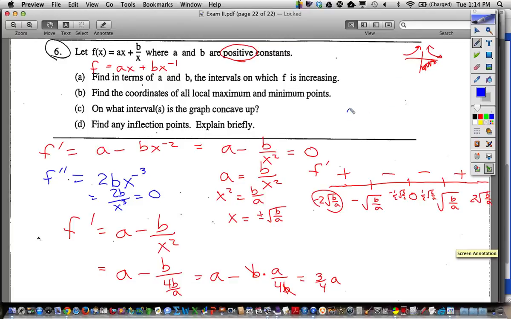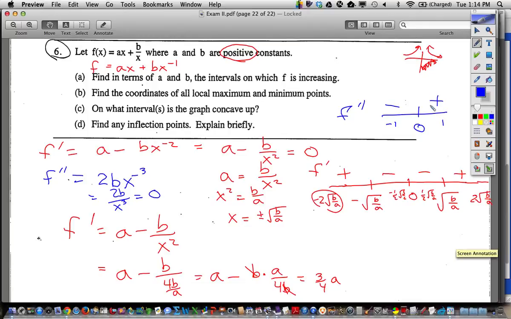So our double prime number line is only going to have 0 on it. Okay, actually we can do that real quick. So now, let's put something negative in there and let's put something positive in there. So here's our f double prime right here. If we put something negative in for x, what do we get? Negative. Put something positive in, positive.